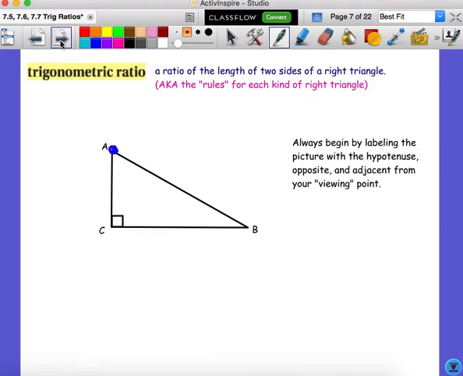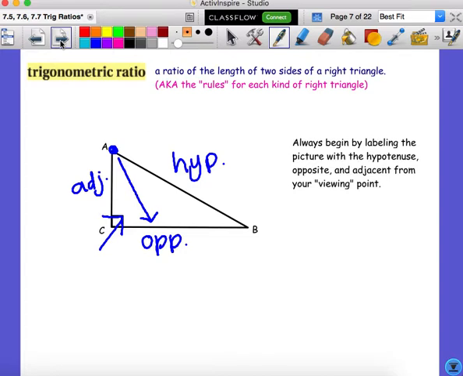That's just for me to help me remember where is my eye, where am I looking from, where's my viewing point. So if I'm looking from A, no matter what, my hypotenuse is always going to be across from that right angle. So this is my hypotenuse. My opposite side is going to be whatever is across from my viewing point. And my adjacent is always what's right next to my viewing point, but that's not my hypotenuse.